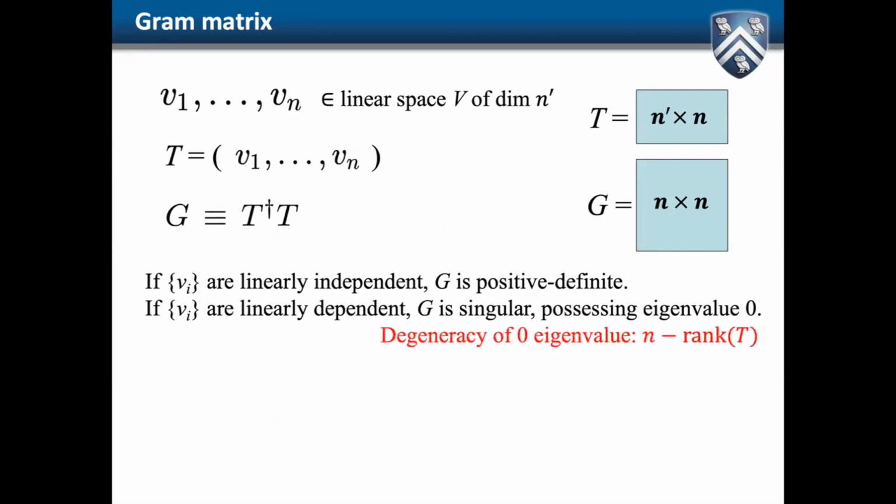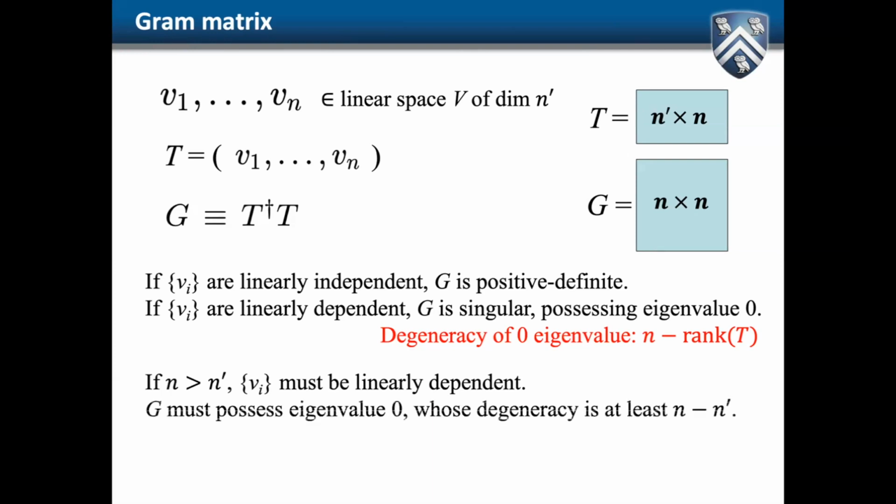In fact, the number of zero eigenvalues is n minus the rank of the T matrix. And therefore, if the number of vectors you pick is larger than the dimension of the vector space, then the vectors cannot be linearly independent. So you are guaranteed to have at least n minus n prime zero eigenvalues.